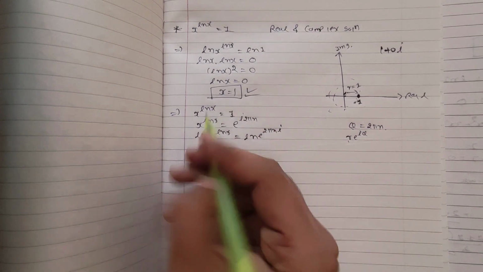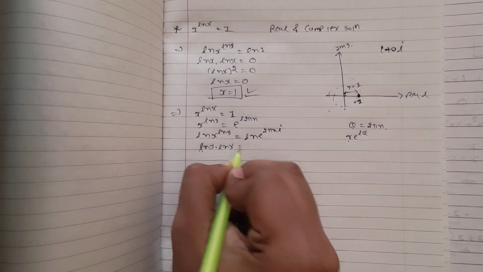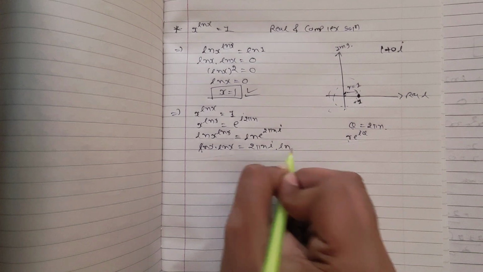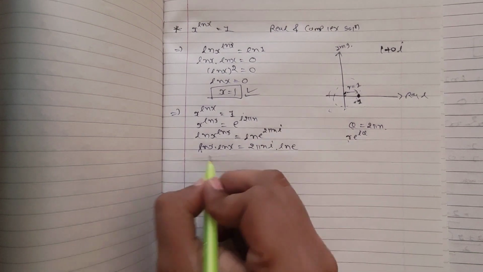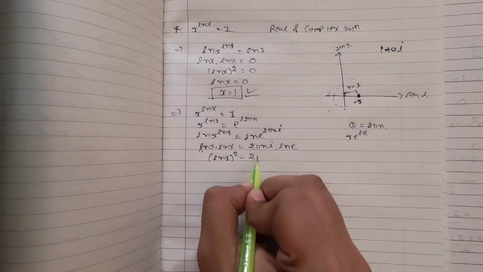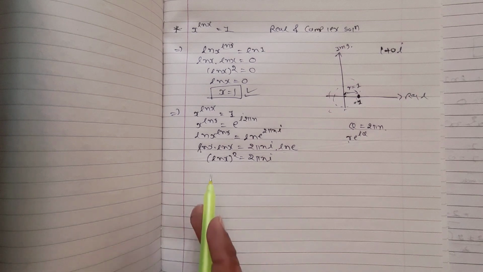So again ln x will come down, ln x into ln x, and on the right this becomes 2 pi n iota into ln e. This becomes (ln x)^2, which equals 2 pi n iota, and the value of ln e is 1. So I have got (ln x)^2 equal to 2 pi n iota.